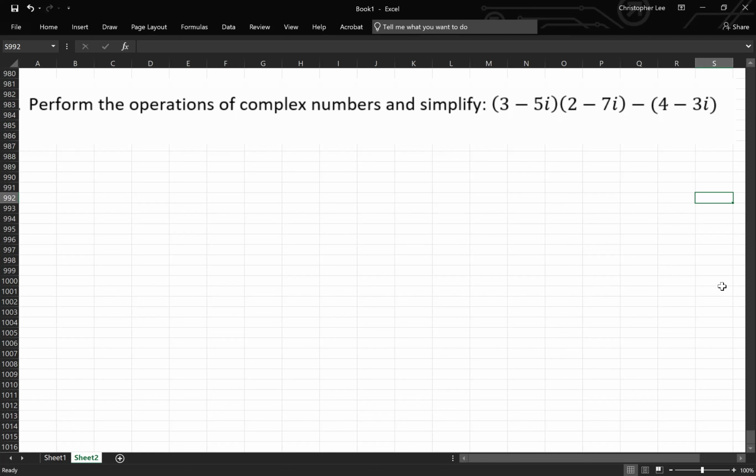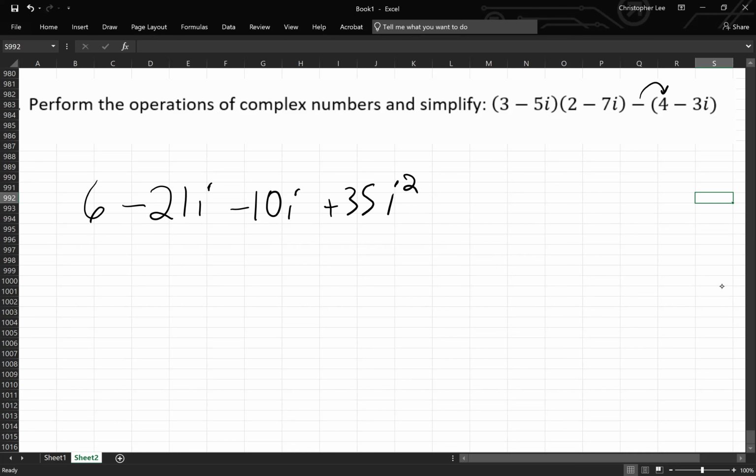All right. So 3 times 2, 6. Then I got 3 times negative 7i, so negative 21i. Very good. Then minus 10i, and then plus 35i squared.